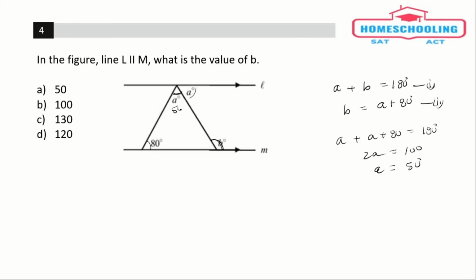So this angle would be 50. We have to find the value of B. If we put the value of A in equation 2, B would be 50 plus 80, that would be 130 degrees. So your answer would be C, 130 degrees.